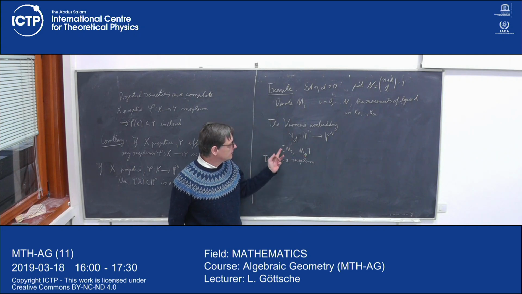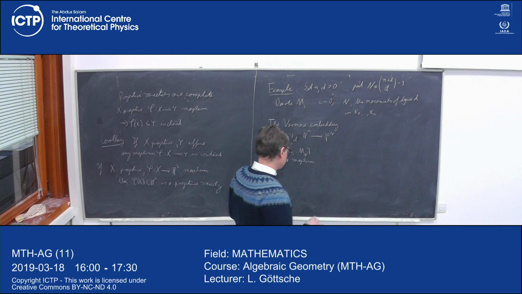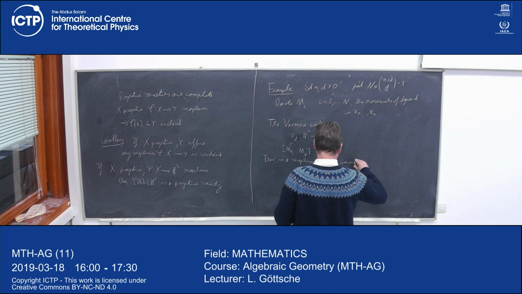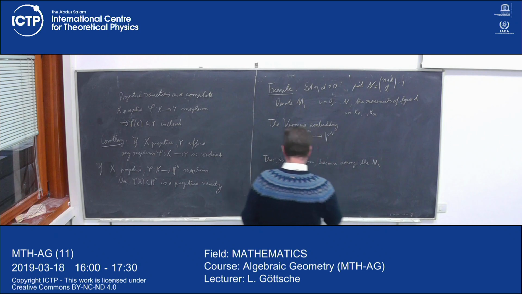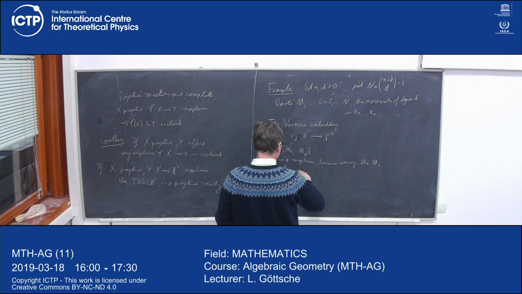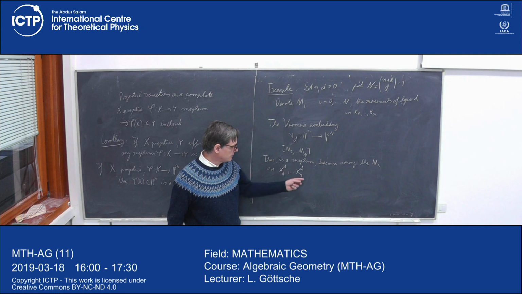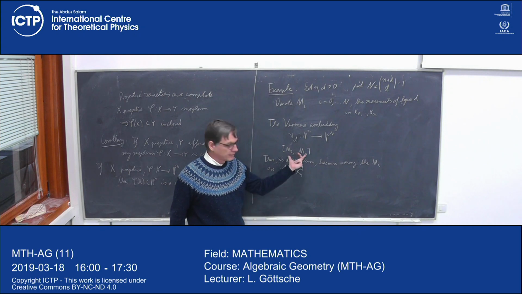What we need is that they don't have a common zero on P^n, because among the M_i are x_0^d until x_n^d, and on P^n, x_0 until x_n don't have a common zero, so also these don't have a common zero. So there are already n+1 elements among these which don't have a common zero, so therefore they don't all have a common zero.